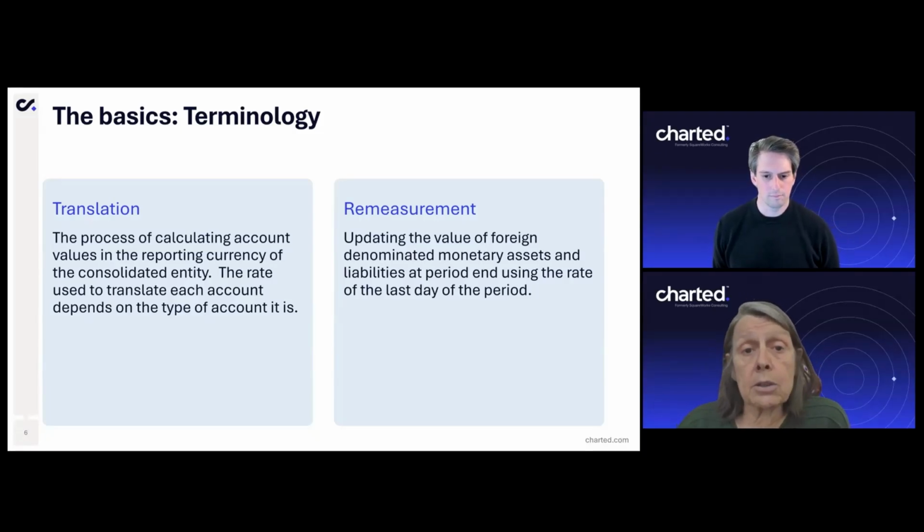Again, ASC 830 is really clear. So no, you're not revaluing fixed assets that you bought in a different currency. You're not revaluing prepaids. You're revaluing cash accounts that are not in your functional currency. You're revaluing AP and AR that's not in your functional currency. Again, monetary assets only. Next slide, please.